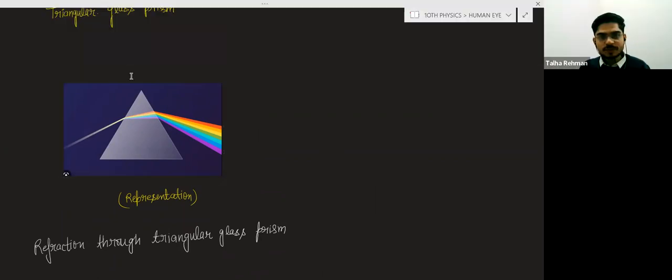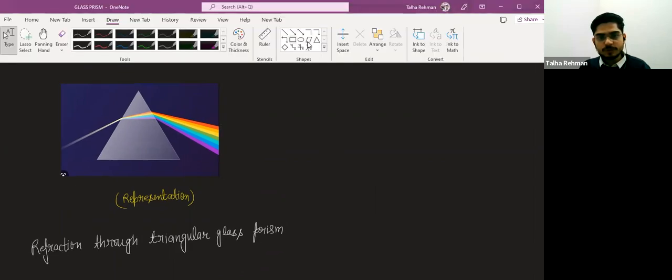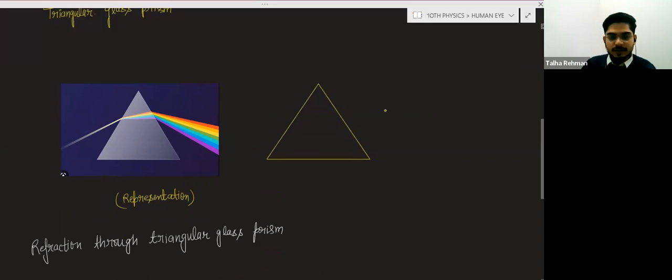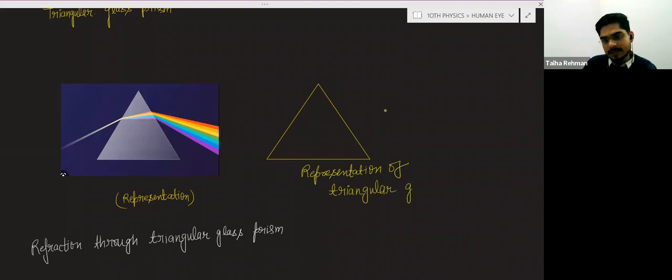Okay, so what you have to do now, just wait a minute. How to draw this on the copy. So you will draw the triangle like this, okay? And you will say this is the representation of a triangular glass prism.